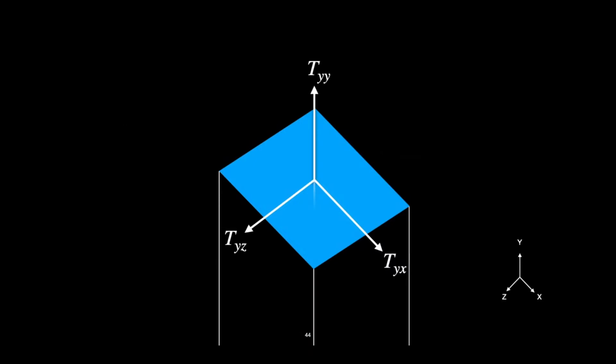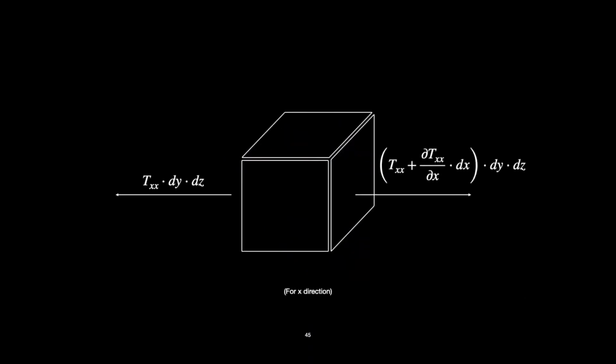Here we have basic forces. So for the tensor, we're going to go from stress to force, and from force we're going to use F equals ma, and then aggregate everything and arrive at a relation. Same as before. This is just for the x direction.